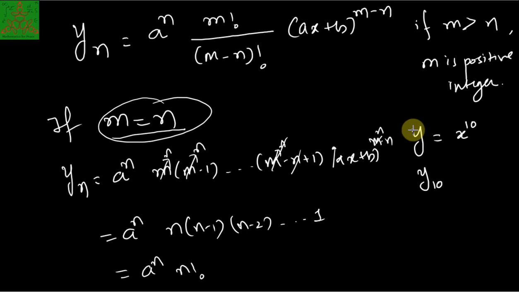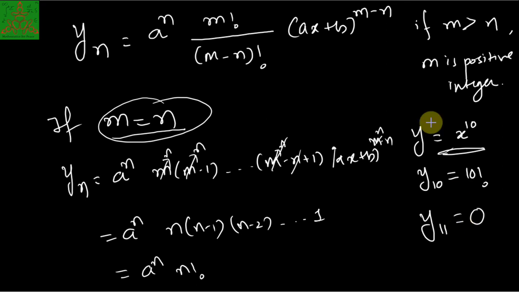And the next question I can ask you, if the nth derivative, that is the 10th derivative of this function, is 10 factorial according to this, then what will be the 11th derivative? Since this is a constant, the 11th derivative is 0.